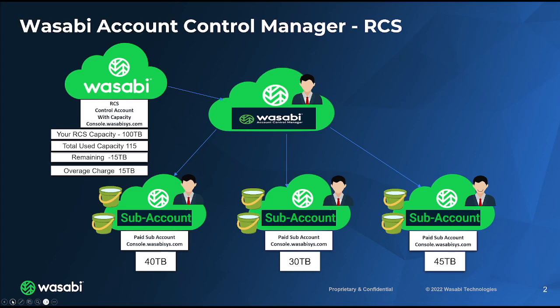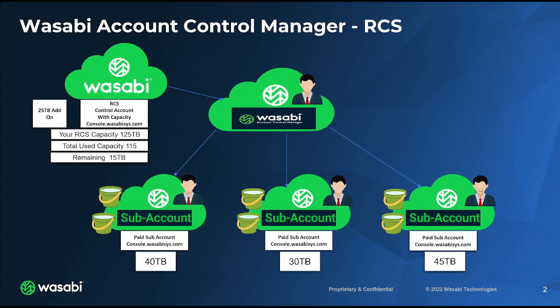So the overage charge goes off of our list price of currently $5.99 per terabyte per month. However, if you get an add-on before the end of the month, then you don't pay the overage charges at all. All that will do is add on the capacity to the RCS amount, the overage charges go away, and then you've got a remaining number of terabytes.